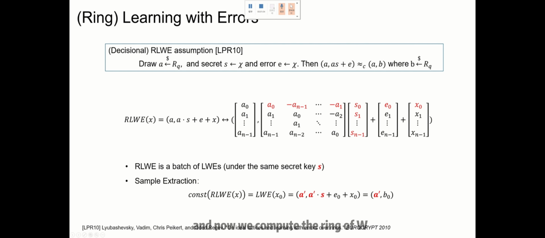Now we compute the ring LWE sample as A times S plus E. The ring LWE assumption says that this ring LWE sample is indistinguishable from a random pair A and B, where both A and B are random polynomials in the ring R_q.